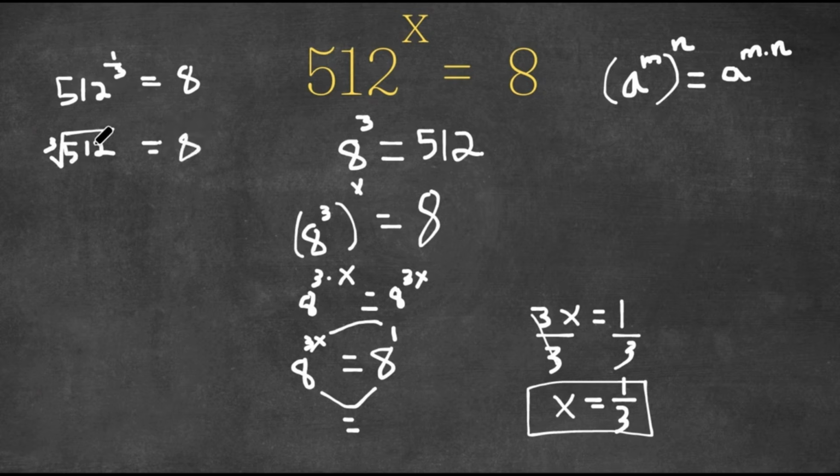And the cube root of 512, so what to the power of 3 equals 512? 8. 8 to the power of 3 equals 512, so this is equal to 8, and 8 equals 8. So this is right, meaning our solution is right.